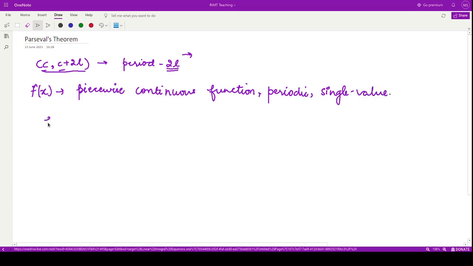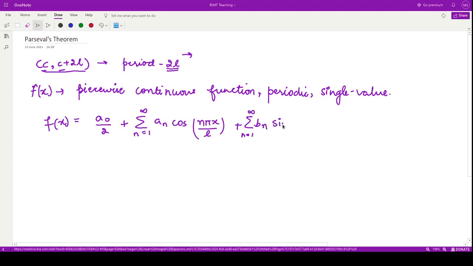The Fourier series of f of x could be written like this: a naught divided by 2 plus summation n varies from 1 to infinity a n cos n pi x upon l, plus summation n varying from 1 to infinity b n sine n pi x upon l.